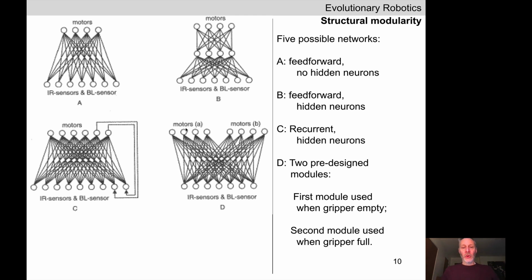In a sense, robots equipped with brain type D are always holding 2 different ideas about what to do. Here in module A, this is the robot thinking, oh, maybe I'll rotate the left wheel like this and the right wheel like this, and I'm not going to pick up and I'm not going to drop. Or maybe I should spin both wheels backwards while I trigger the drop motor primitive.